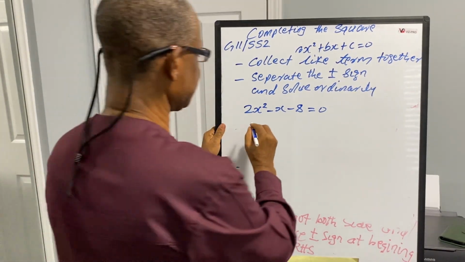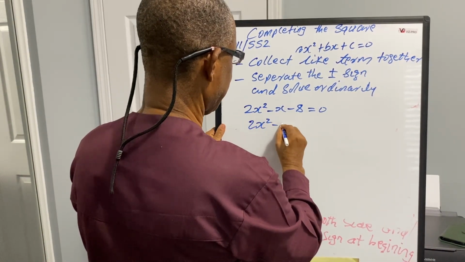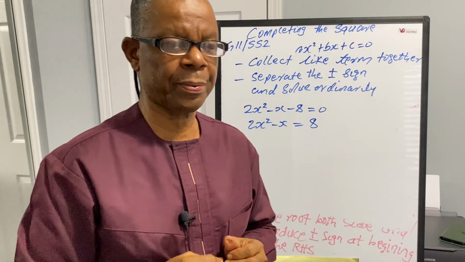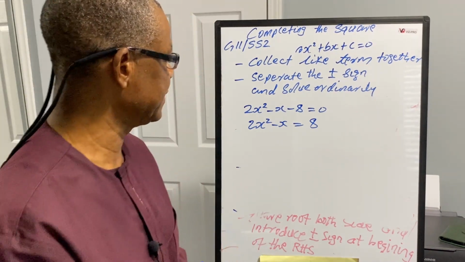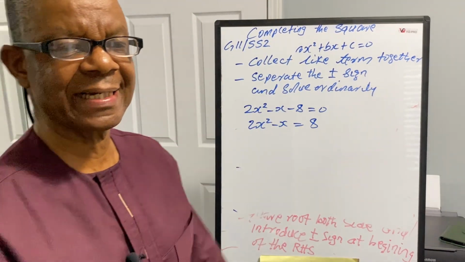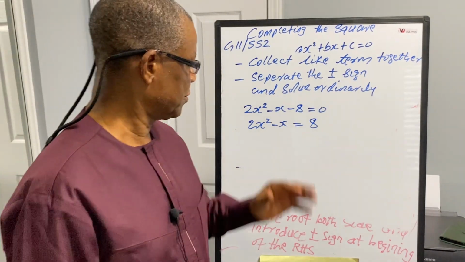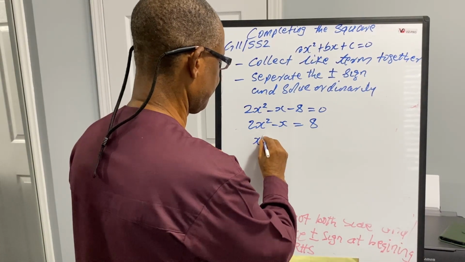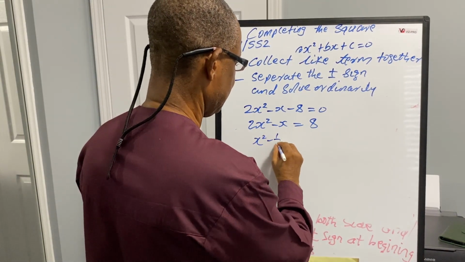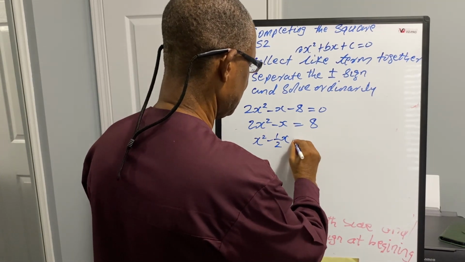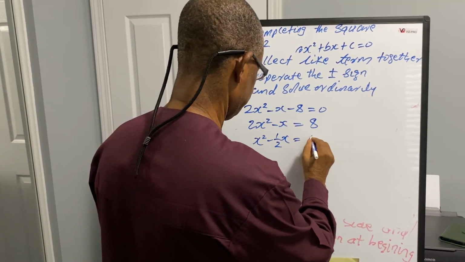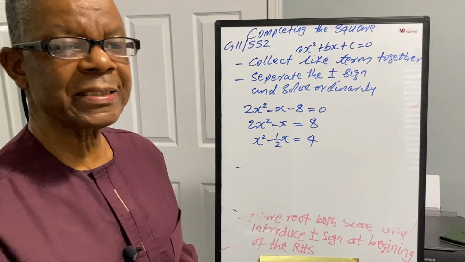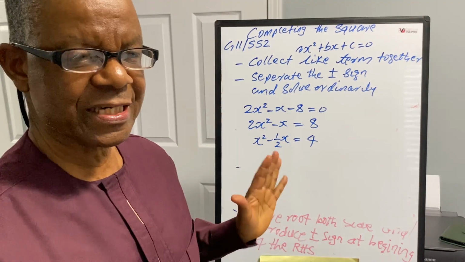If this equation is written as 2x squared minus x equals 8, you can see that the first step is no longer relevant because the constant is already at the right hand side. So you are already relieved. If this question is written as x squared minus half x equals 4, we have divided it by 2. If the question is given in this way, both the first step and the second step have been taken care of.